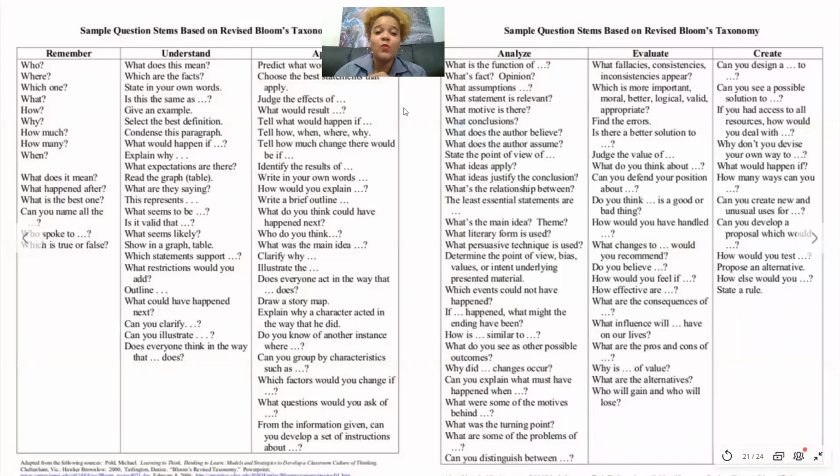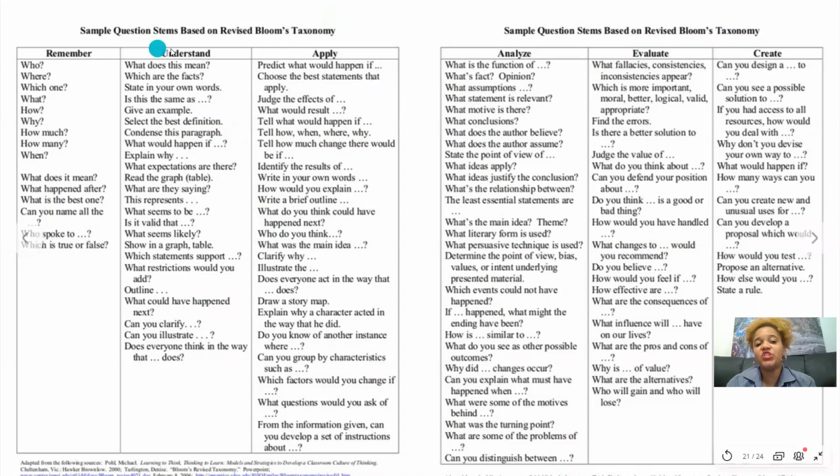So one of the things that we can do when we talk about assessment, and we're just going to talk about this briefly, is building question stems based upon the verbs, upon Bloom's taxonomy. And these are question stems that are for everyone. If you notice, your who, what, when, where, how, why, our go-to questions, are at the remember level.